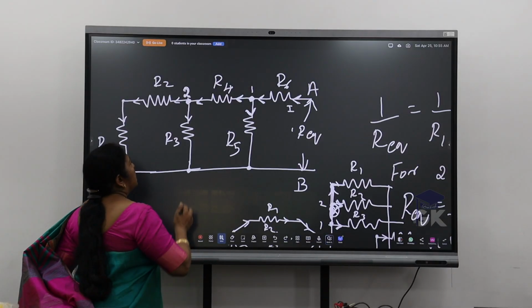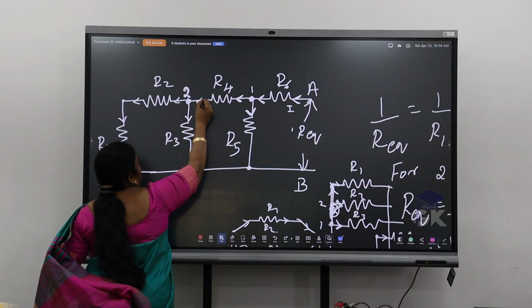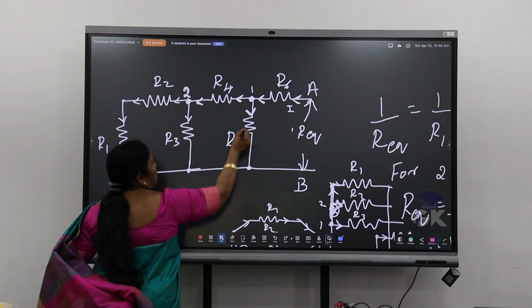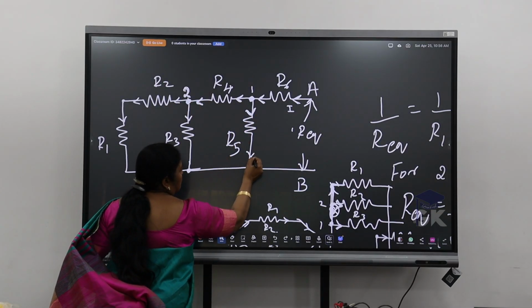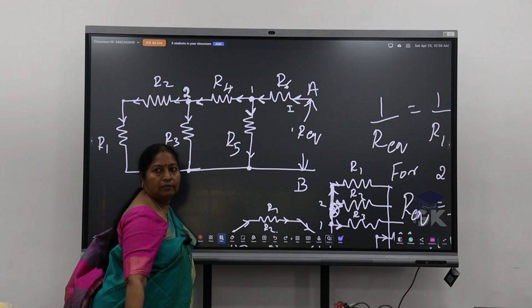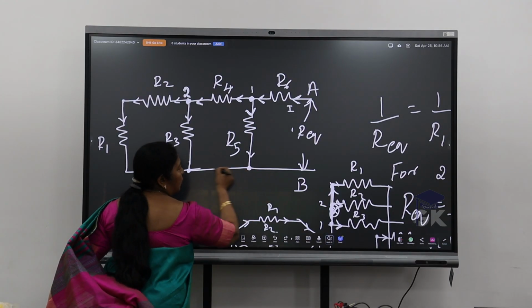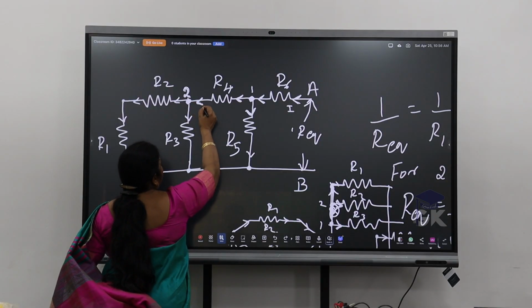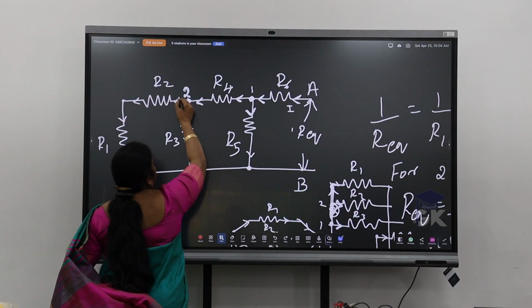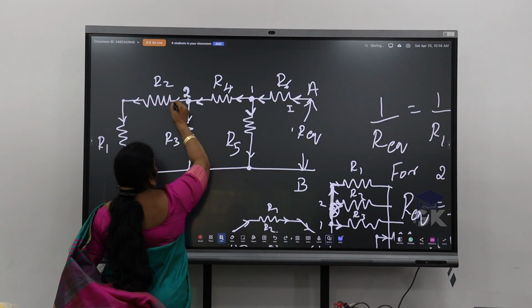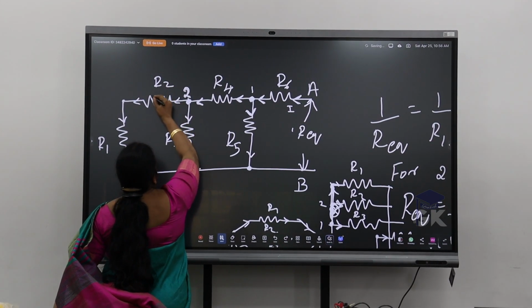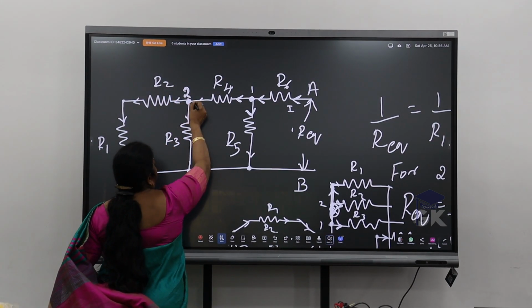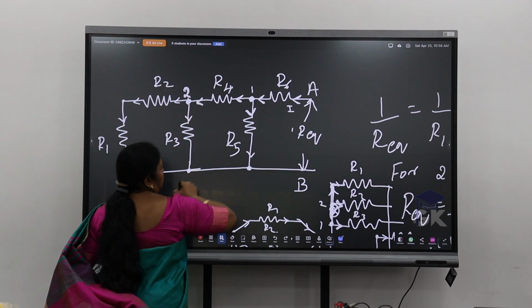Next, coming to junction 2, this current you can observe. And where does this current flow? It joins here. Correct? At junction 2, you can observe that it again branches out into 2. In one branch we have R2 in series with R1. In another branch I have R3.